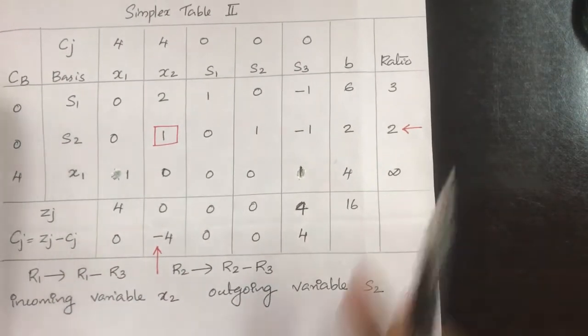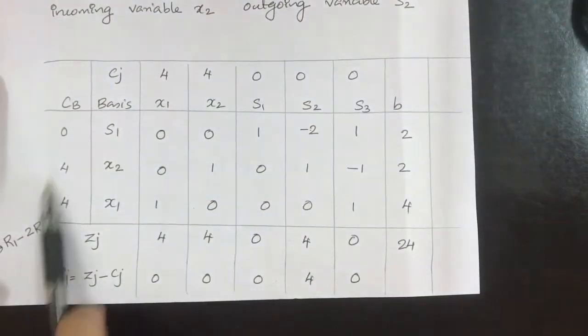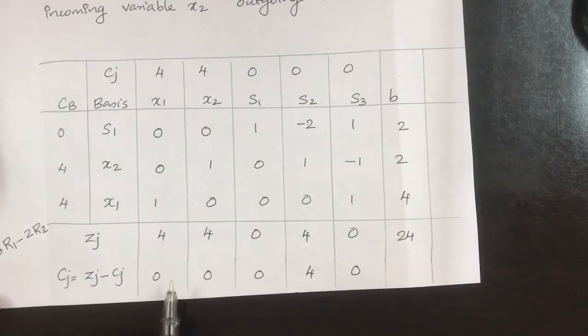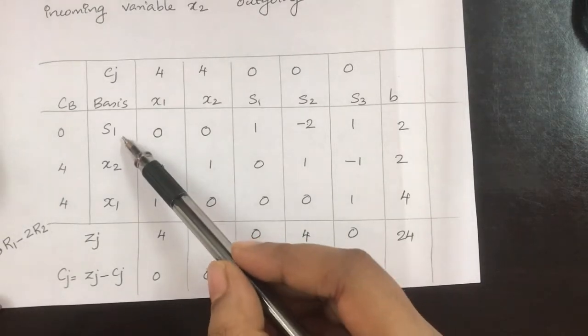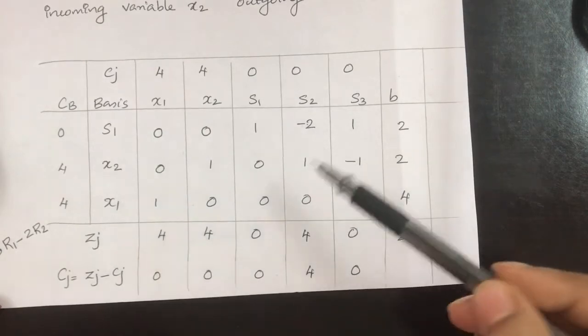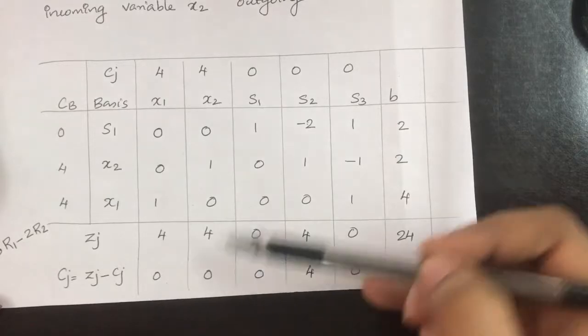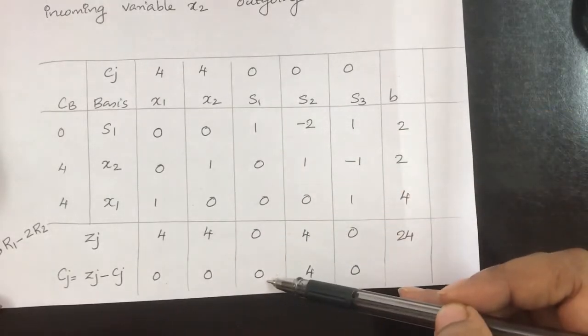So again we go for the next iteration, and we get the values like this, that is, all Zj minus Cj values are greater than or equal to 0. Here the basic variables are S1, X2 and X1. Look at the values of X1, 0, X2, 0, S1 is also 0.